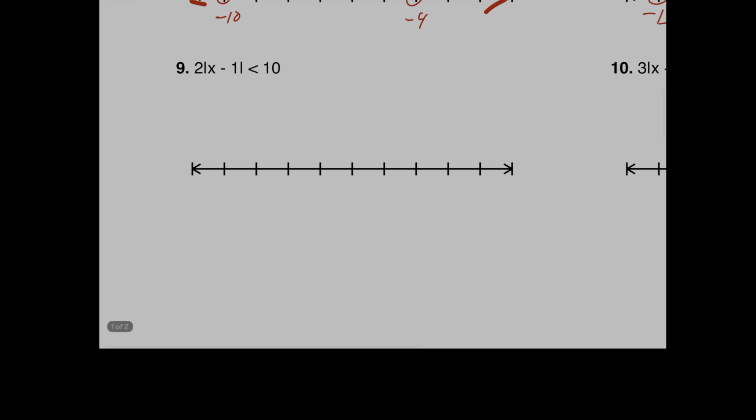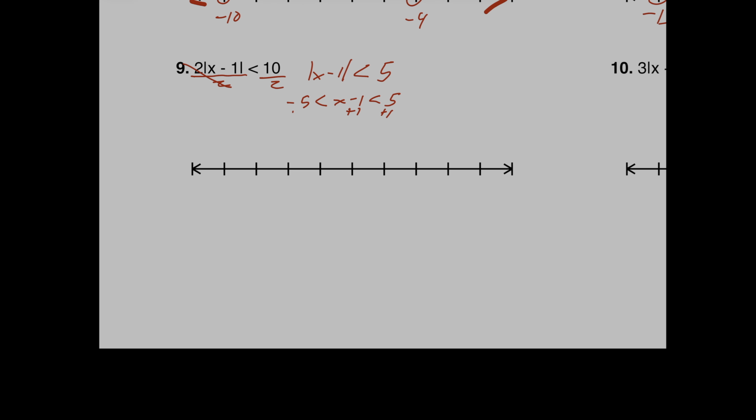Two more here. Now this one, I can't do anything until I get rid of the 2. So my first step is to do that. And I'm going to get absolute value of x minus 1 is less than 5. So now I can tell that this is going to be an innie. Because it's an innie, I'm going to write x minus 1, and I'm going to write these, a negative 5 and a positive 5.